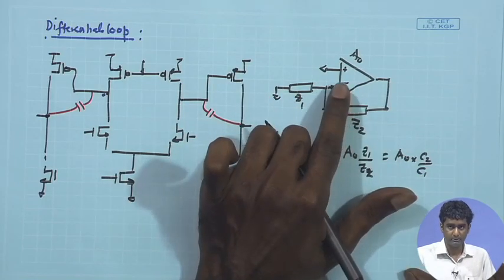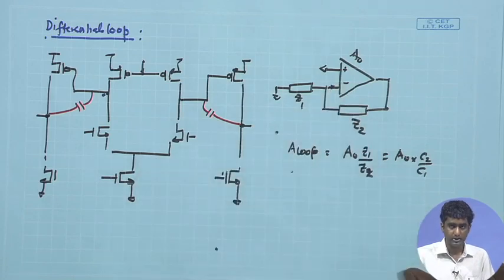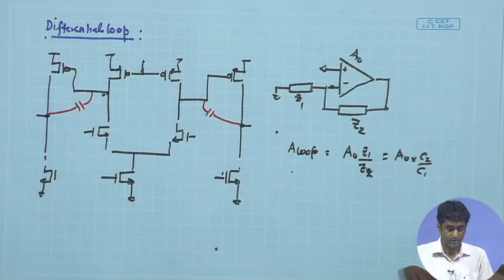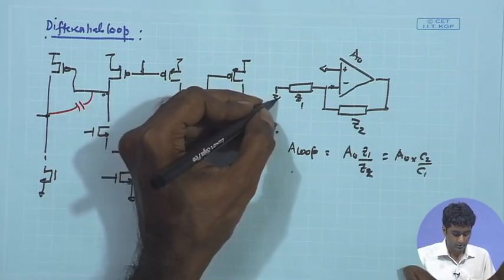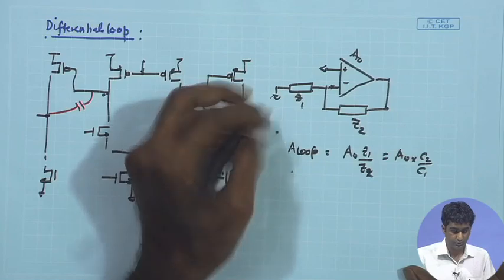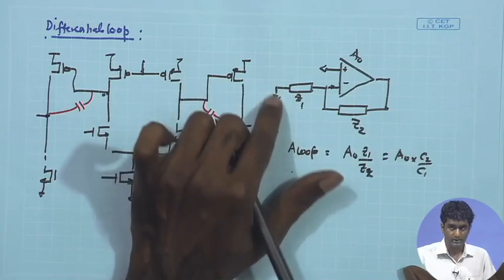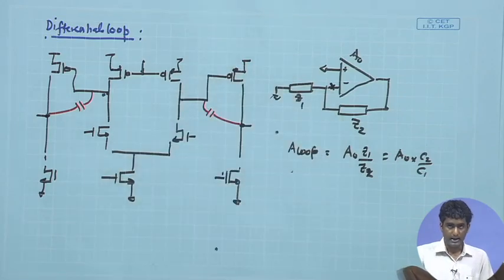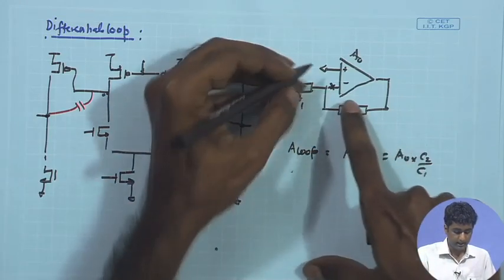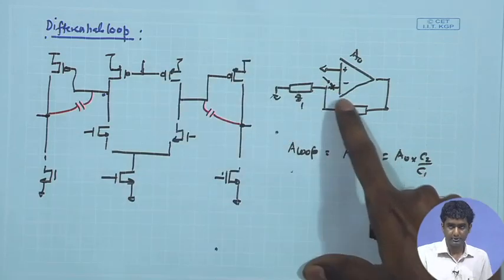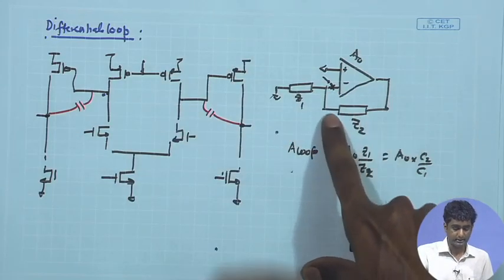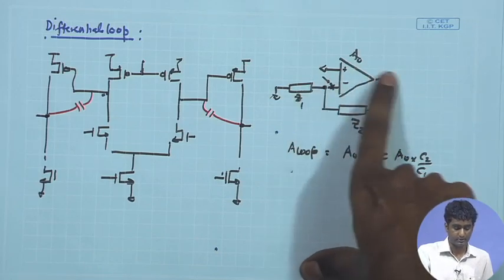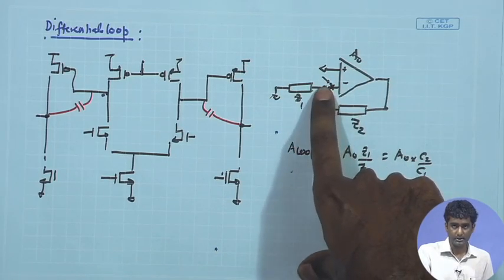This is a relatively more convenient way of checking the stability, and almost a similar scheme can be applied to the non-inverting configuration as well. So, here you are having the input signal, I am setting that signal to 0, that means this is now applied to the DC potential, and we are opening the loop over here, and that means that we will be applying the signal at this particular point, and we can test what is the feedback voltage coming at this point. So, overall after tracing the loop, what is the signal coming over here.